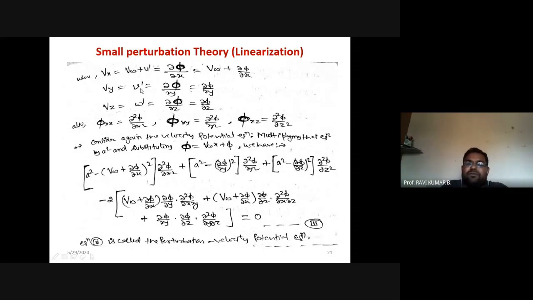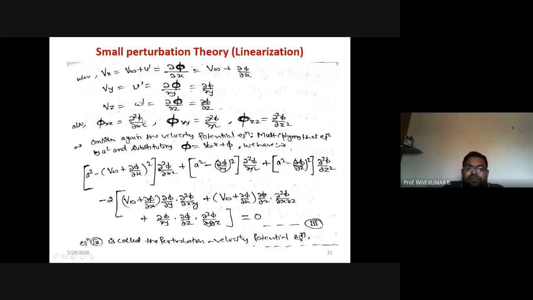Similarly, Vy is nothing but small dou phi by dou y, which is equal to capital dou Phi divided by dou y. Similarly, Vz is small dou phi by dou z. Similarly, the double derivative can also be written. So for the derivative of phi with respect to x, the double derivative of this can be written.